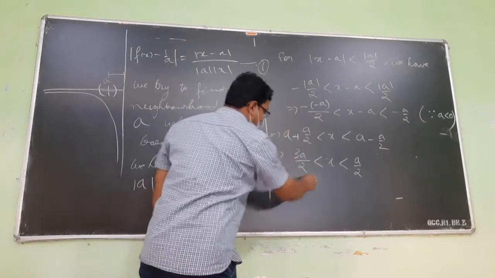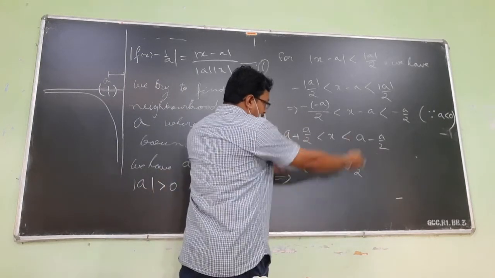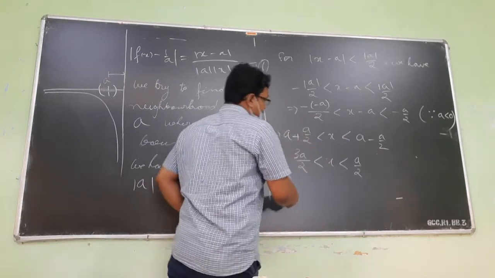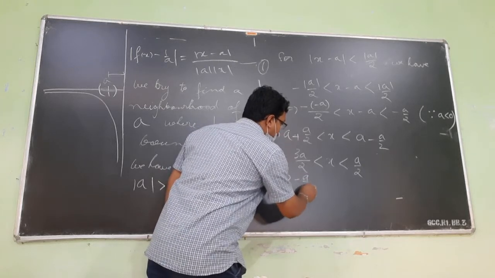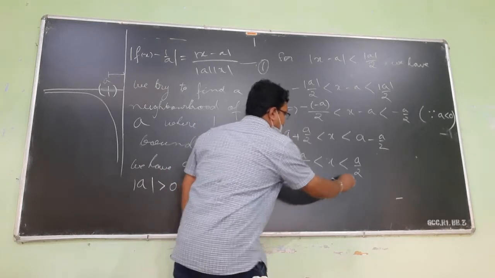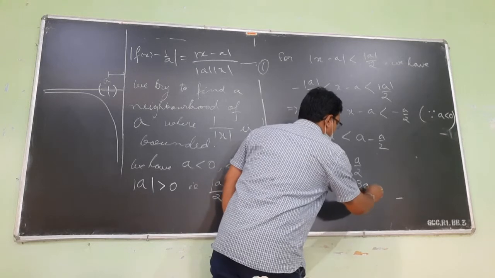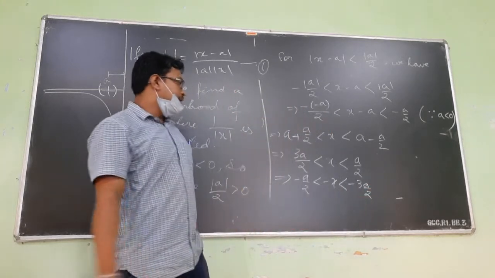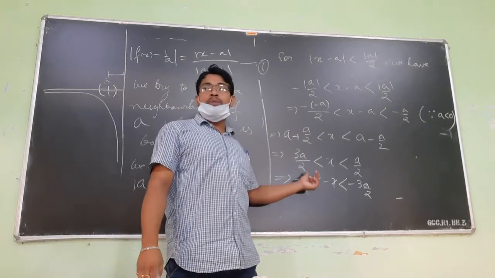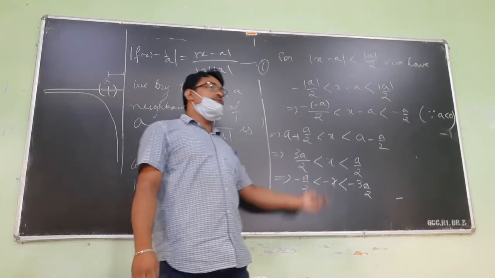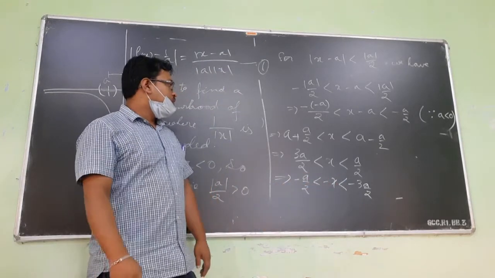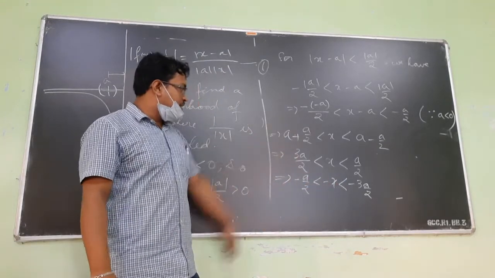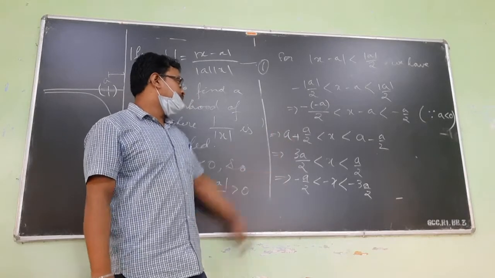So just multiply with minus, the inequality will get reversed. So what will happen? Minus a by 2 is less than minus x less than minus 3a by 2. If we multiply an inequality by minus 1, the inequality gets reversed. All these are just properties that you already know. Nothing new here.